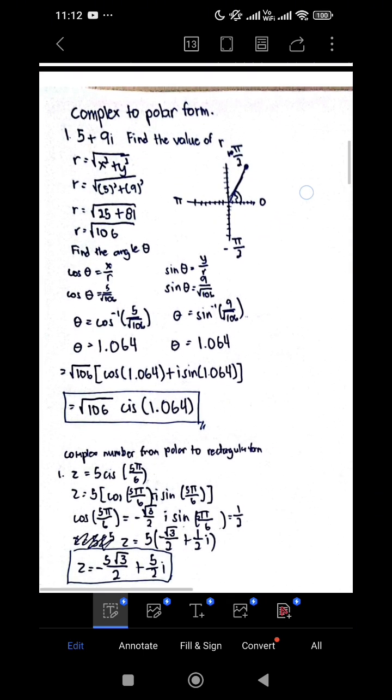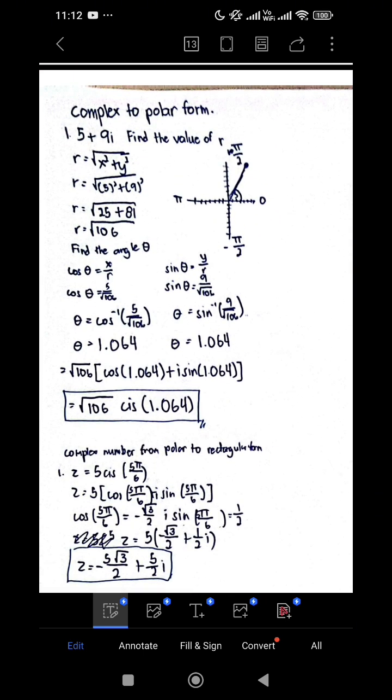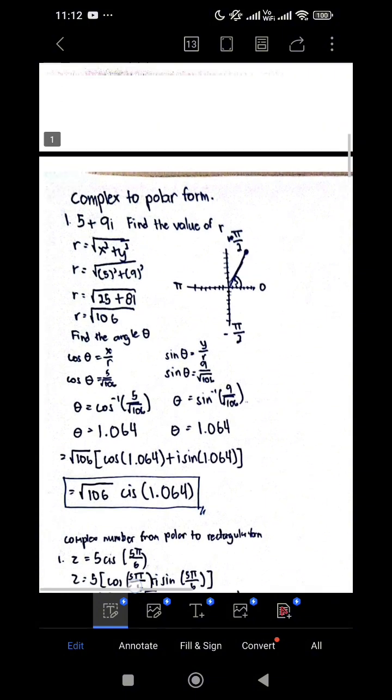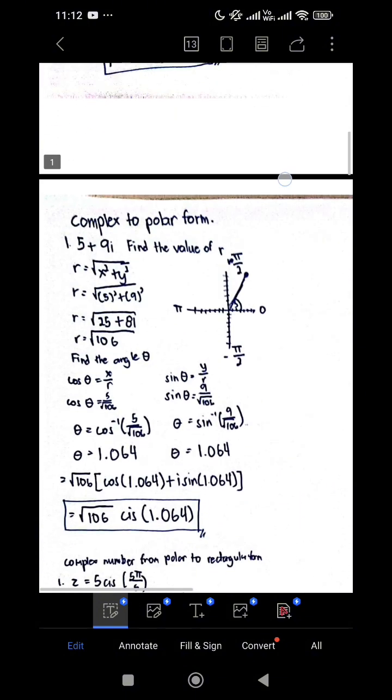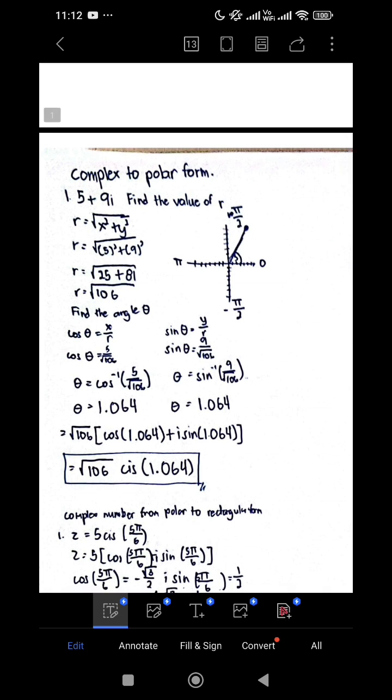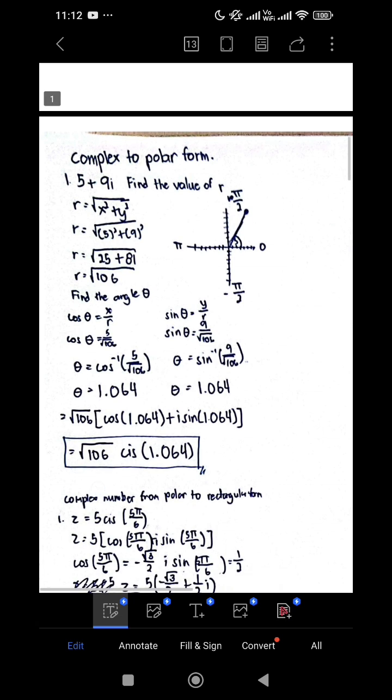The next is the complex form to polar form. So let's apply it. 5 plus 9i is the given value, so we need to find the value of r. The formula for r is the same as earlier for z. So r equals the square root of x squared plus y squared.